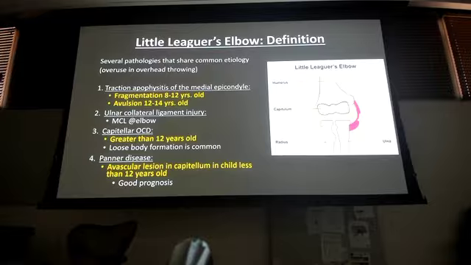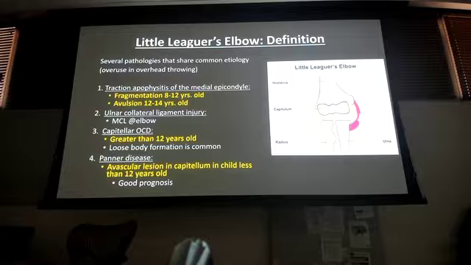So from a standpoint of Panner disease, if it's just a developmental issue, do you think for the most part, if you just tell the kid to chill, as my kid would say, and not do throwing motions, avoid certain activities, that they're going to continue to grow and develop as normal? Yes, they will. So that's the rule for Panner disease. Panner disease tends to be a more benign condition, but when you see the word capitellar OCD, is this an older patient?